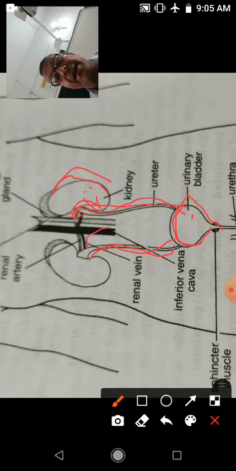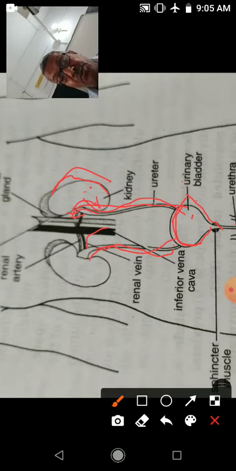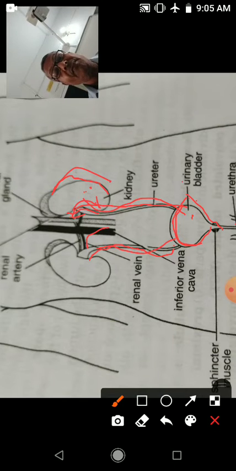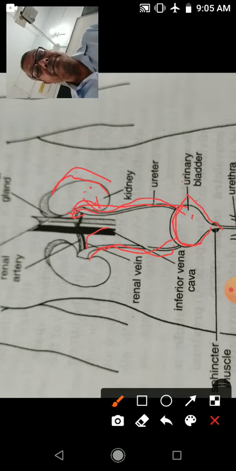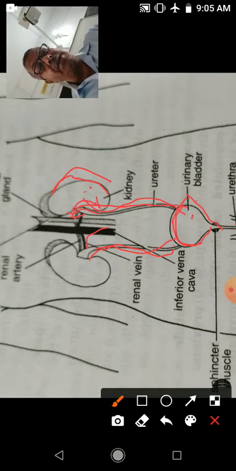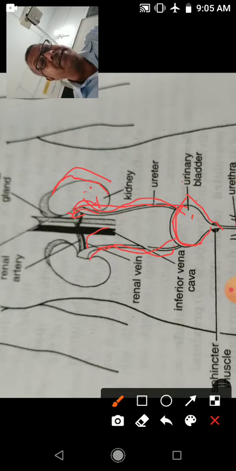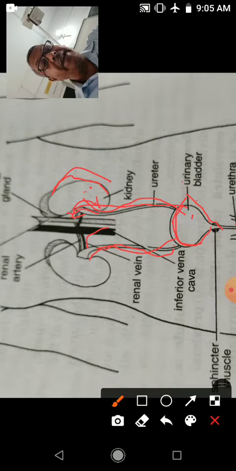The urinary bladder has an outlet. This outlet of the urinary bladder is called the urethra. From the urinary bladder there is a tubular structure extended to the outside.